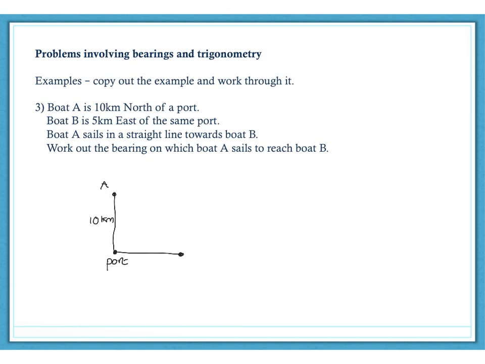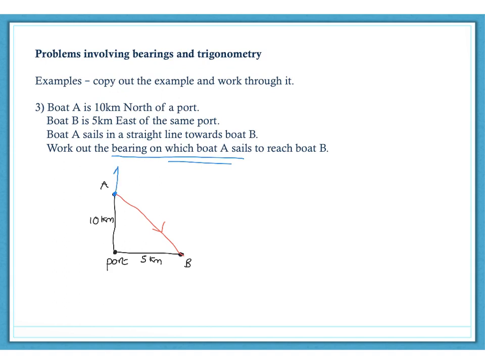None of this is drawn to scale. So there's boat B, and it's 5 kilometres away from the port in an easterly direction. Boat A sails in a straight line towards boat B. Work out the bearing on which boat A sails to reach boat B.